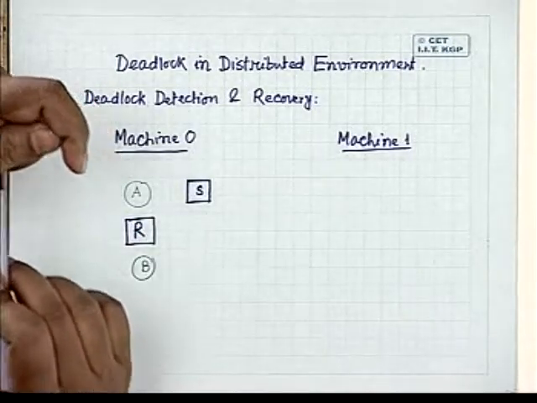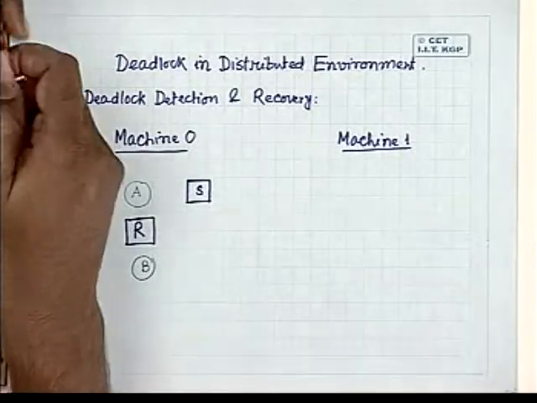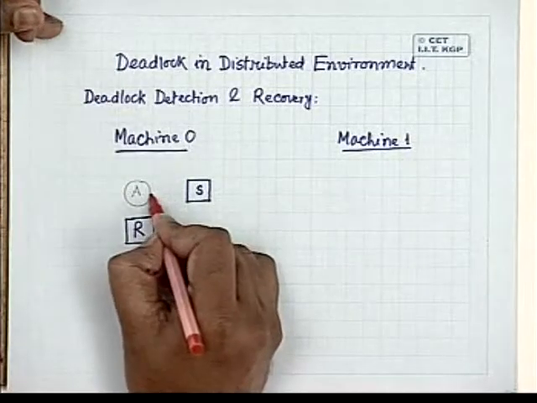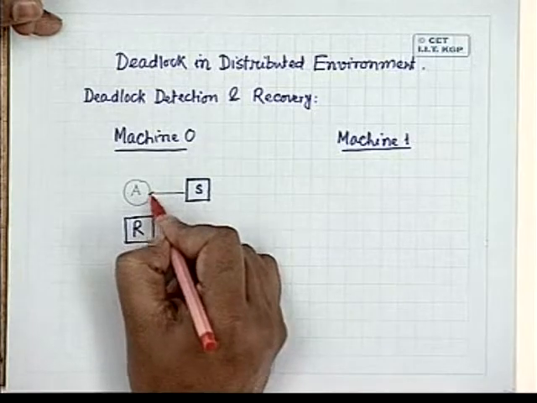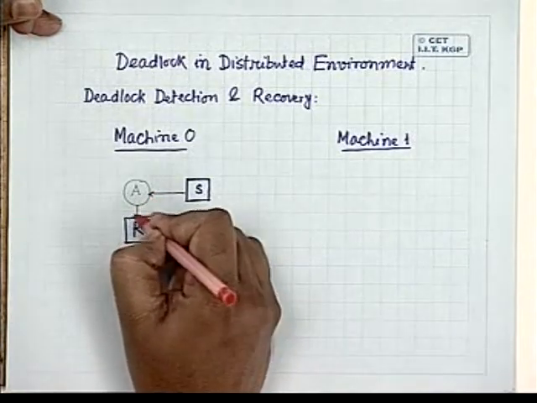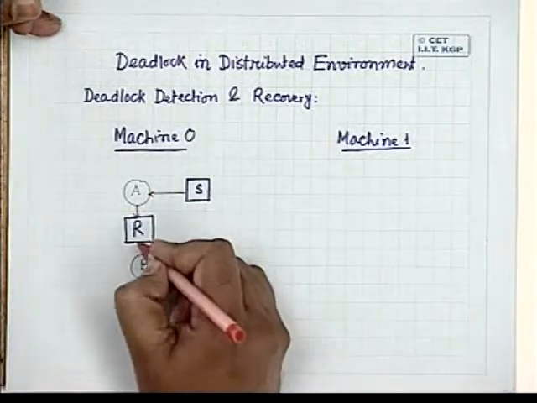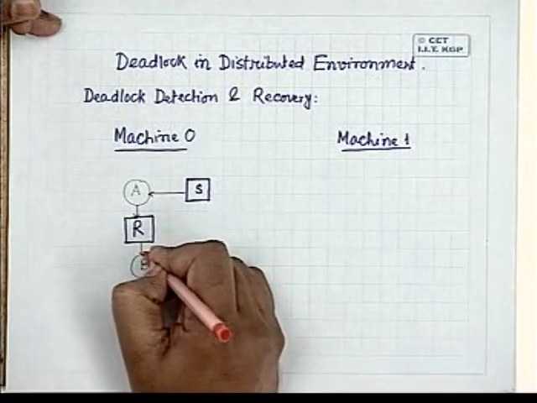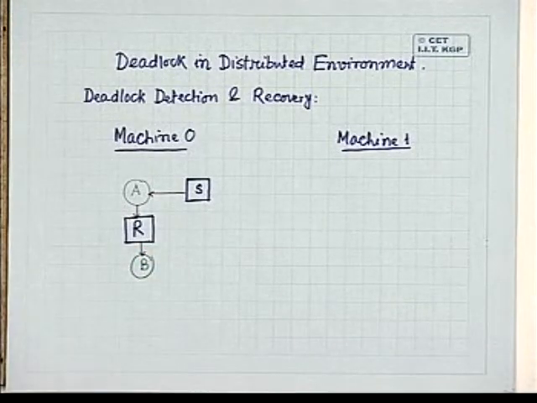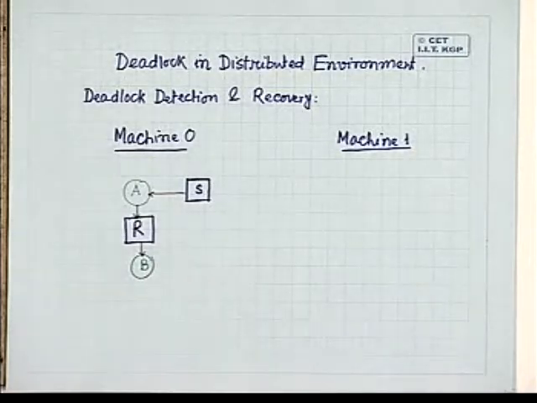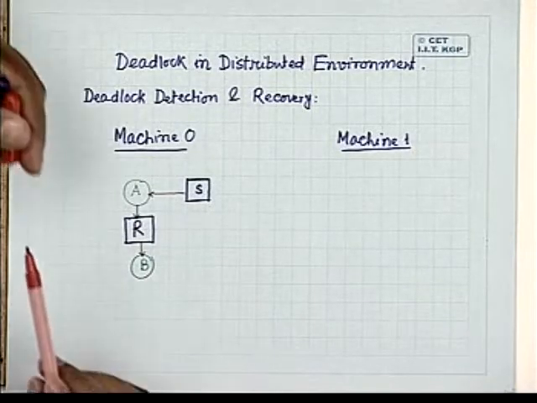So at a particular instant, maybe resource S is allocated to process A. A has put a request for resource R, and R is currently allocated to process B. So this is the resource allocation graph in machine 0.